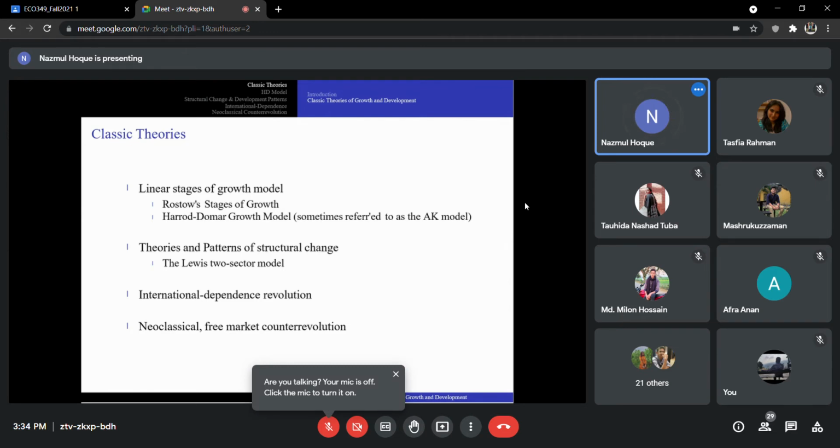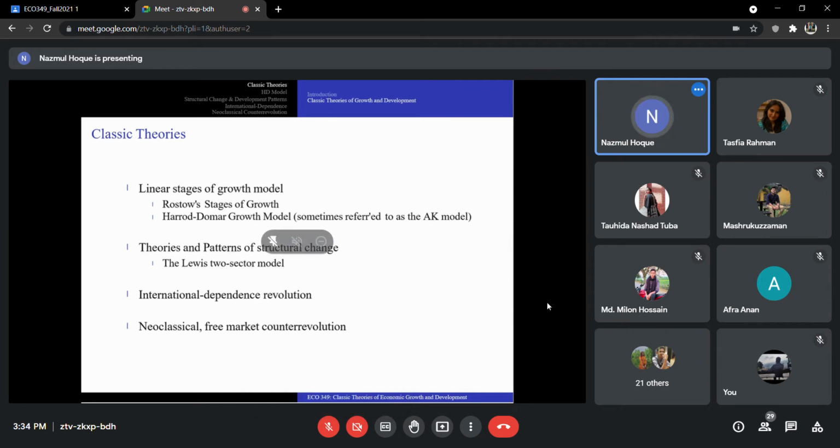So economists focused on that same idea: if you just give them more investment, more capital equipment, whether through domestic savings or through foreign aid, they are going to grow. That's all we need.